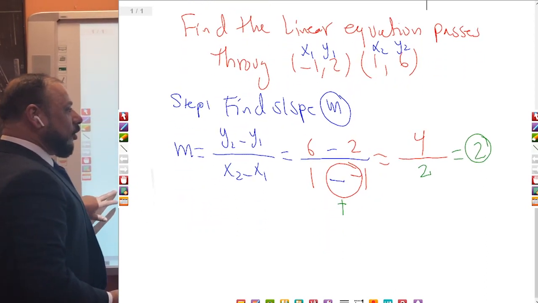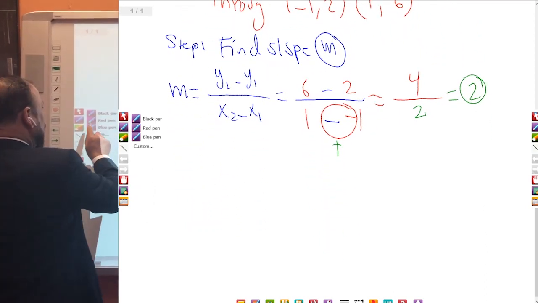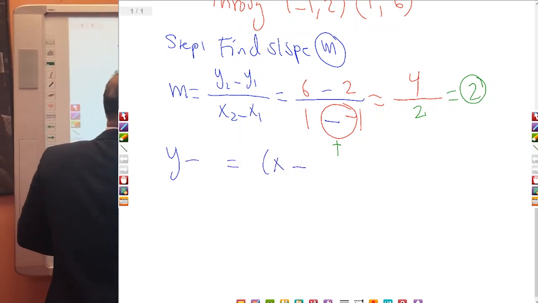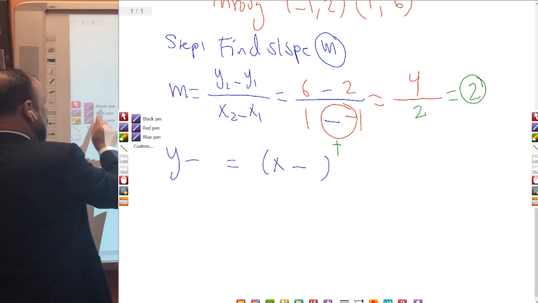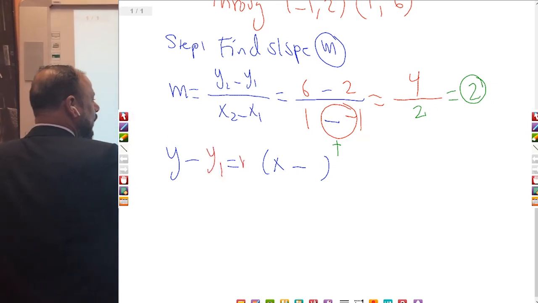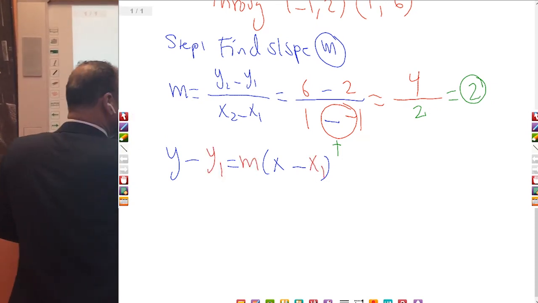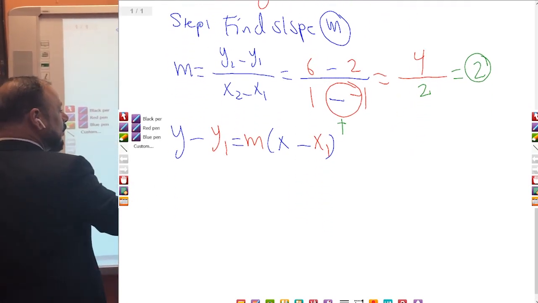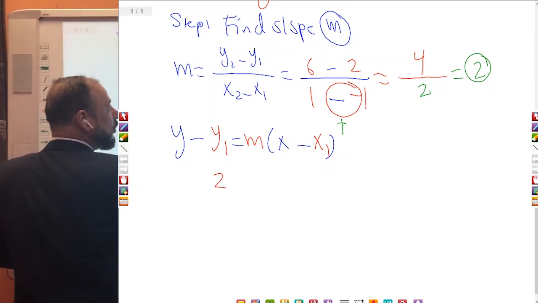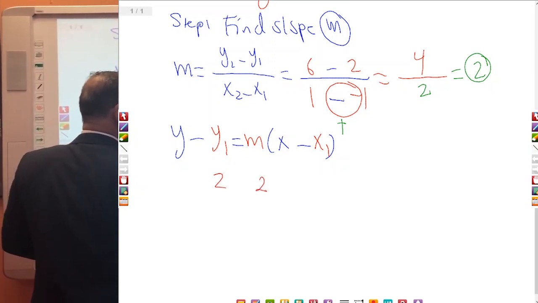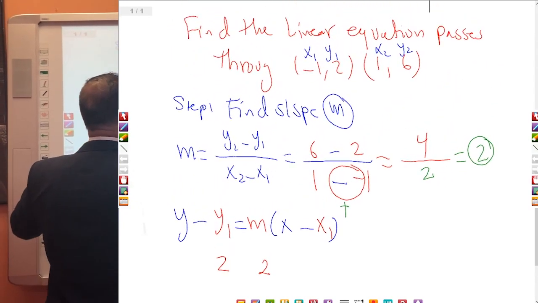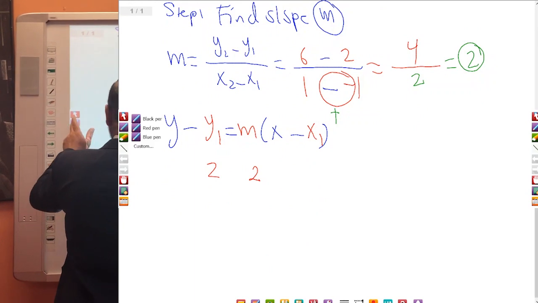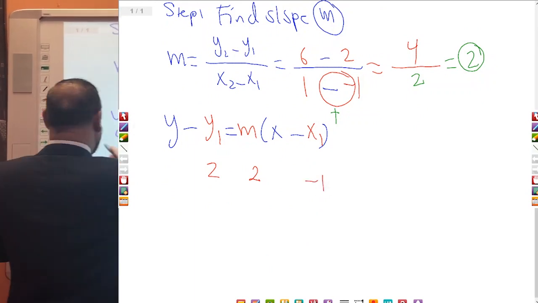Let us go to the slope-point form. As before, y minus y1 equals m times x minus x1. We have y1 from the point, y1 is 2. The slope is 2, we found it, and x1 is negative 1.